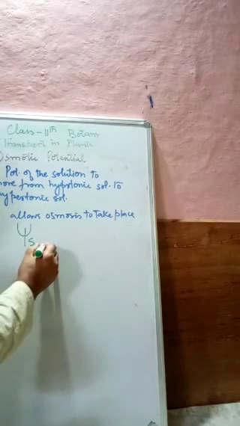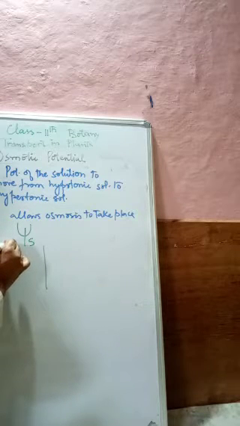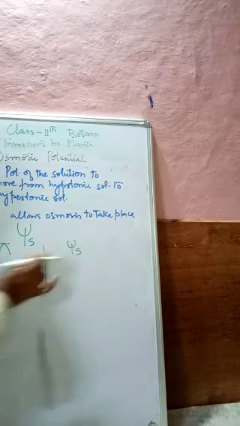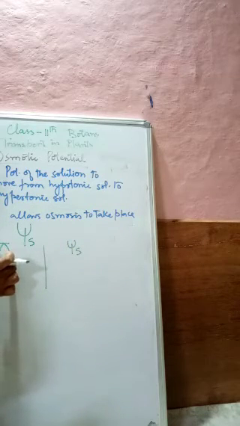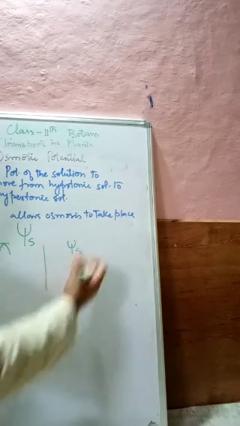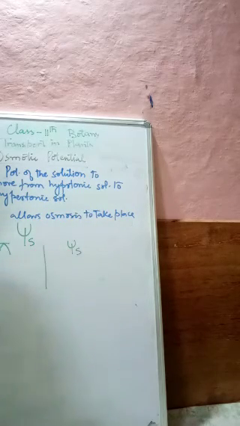Now we have got two terms, that is this osmotic pressure and this solute potential. This one, the osmotic pressure, checks the process of osmosis. The osmotic potential allows the process of osmosis to take place.